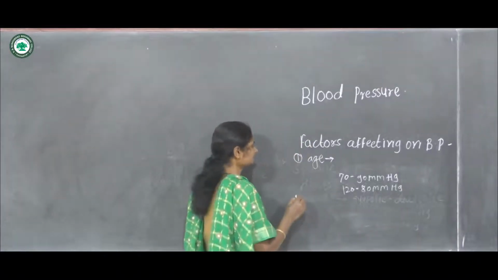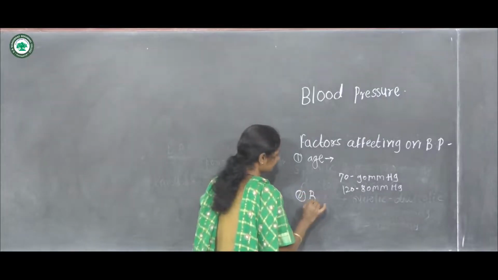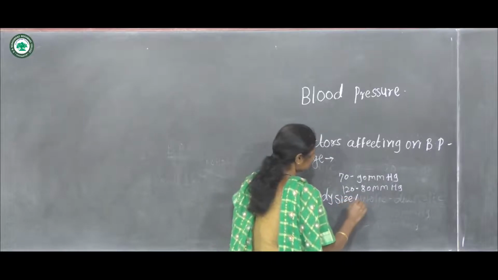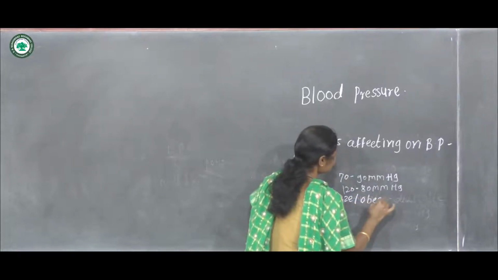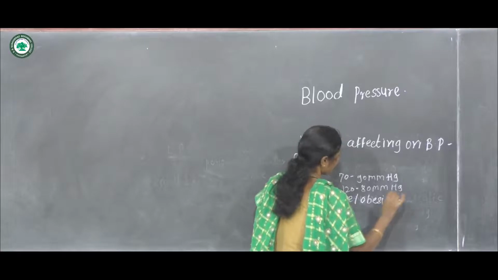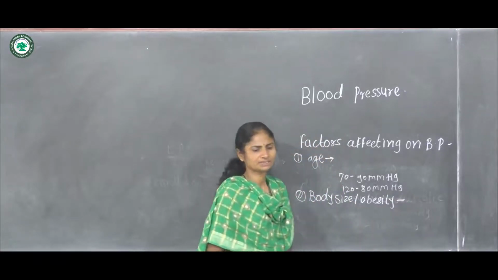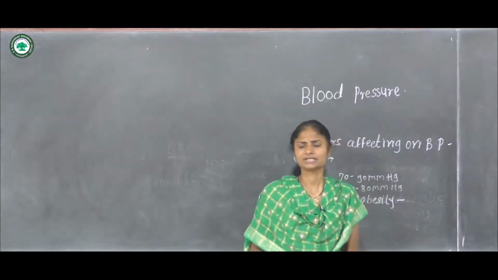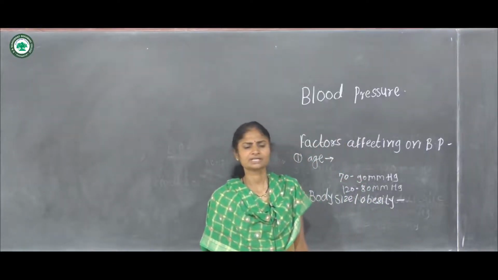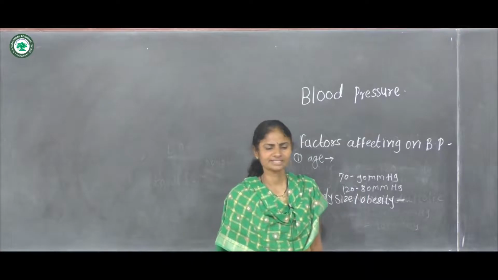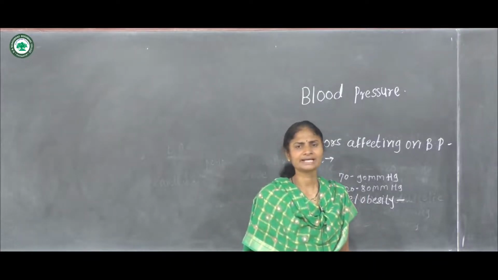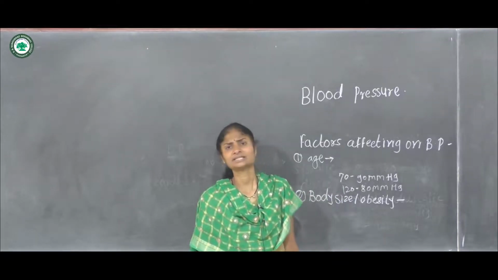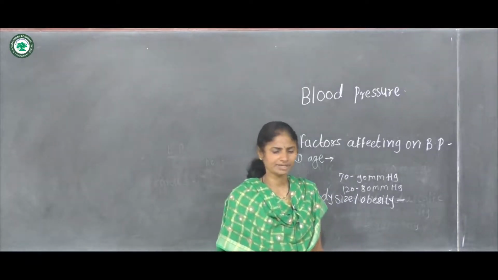The next point is body size, also called obesity. As body size increases, blood pressure also fluctuates. A heavier and taller child has higher blood pressure than a smaller child of the same age.